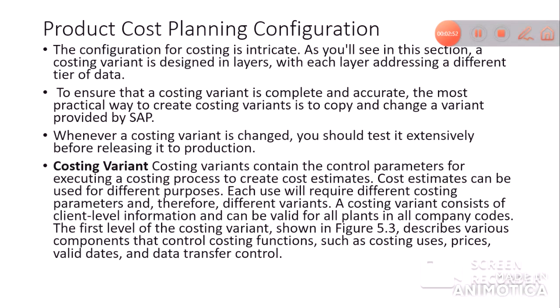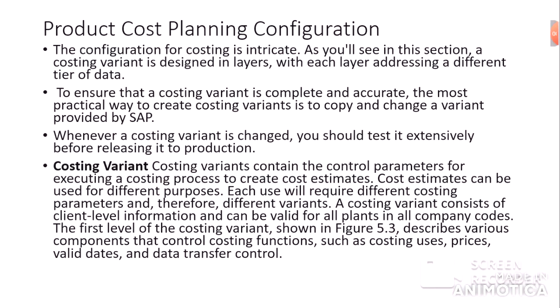So, product cost planning configuration. The configuration for costing is intricate, as you will see in this section. A costing variant is designed in layers with each layer addressing a different tier of data.